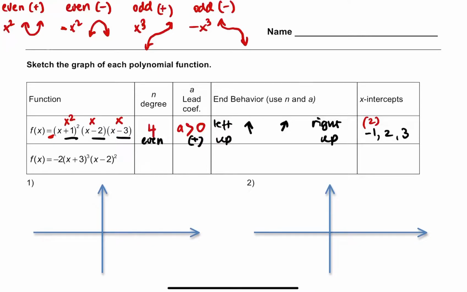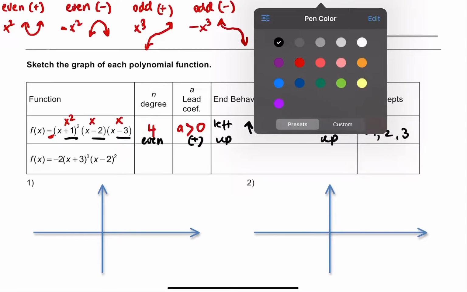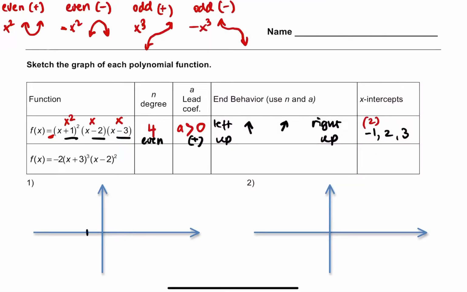So to plot this function, I'm going to plot my x-intercepts. Okay, so we have -1, 2, and 3. I'm going to put points at all our intercepts so we know what they are. And we also know that this function goes up at both ends, right?